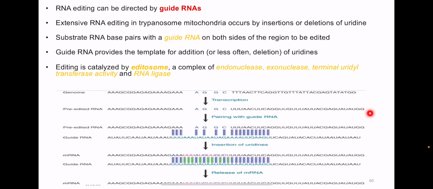Exonuclease cuts at the terminals or ends of molecules. Terminal uridyl transferase transfers a uridine, that's the U, to the ends of the molecule. And the ligase joins molecules. So the endonuclease, exonuclease, terminal uridyl transferase, and ligase make up the editosome.